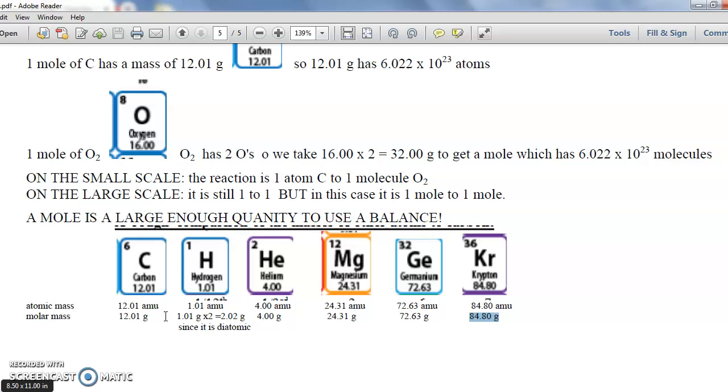If each atom is 7 times larger, a mole of atoms would also be 7 times more massive, 83.80 grams to have a mole of krypton. And if I have 83.80 grams, I know how many I have. I would have 6.022 times 10 to the 23rd.